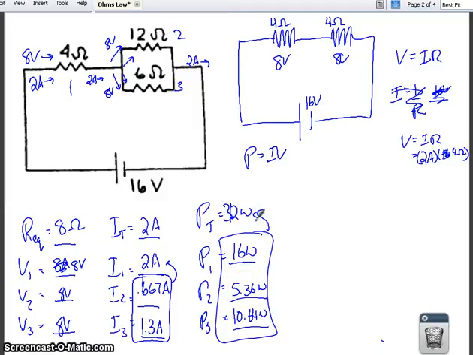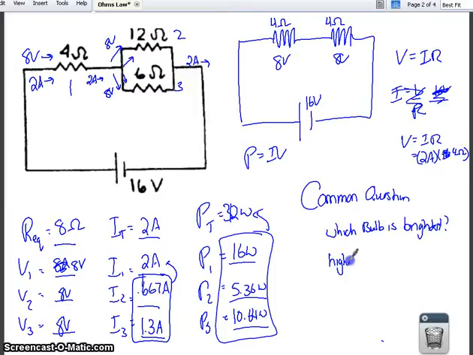Now there is one question that is a common question you see in a lot of different kinds of tests. A very common question is which bulb is the brightest? Which bulb is brightest? And the brightest bulb is going to be the one with the highest current.